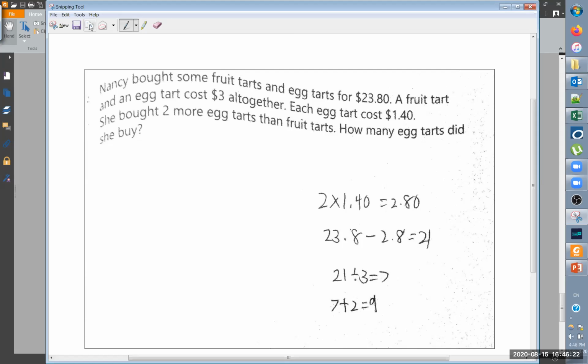Oh, okay, so that means here you need to break it down. So egg tart is $1.40, right? Then it says fruit and egg tart cost $3. So that means what?